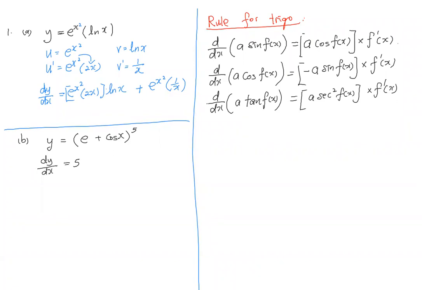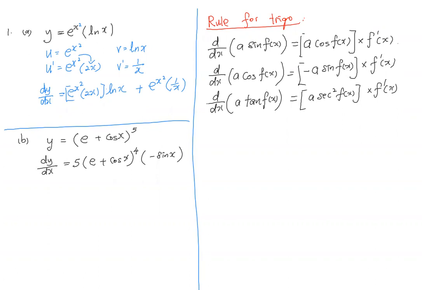Copy down the whole thing. Power take away 1. Power take away 1 means 4. Then times by the derivative of the inside. What is the derivative of the inside? Negative sin x, because E is a constant, so you get 0. So negative sin x, and the derivative of x is 1. Am I right? Good.